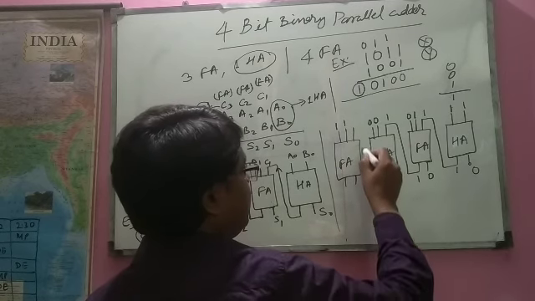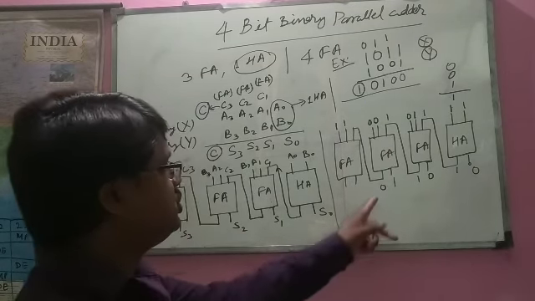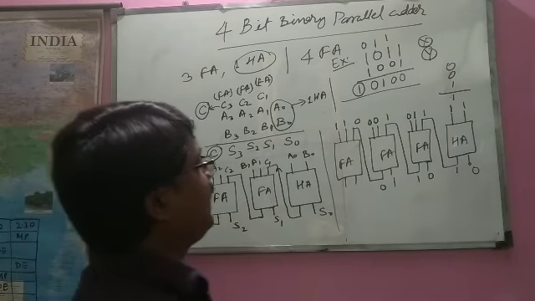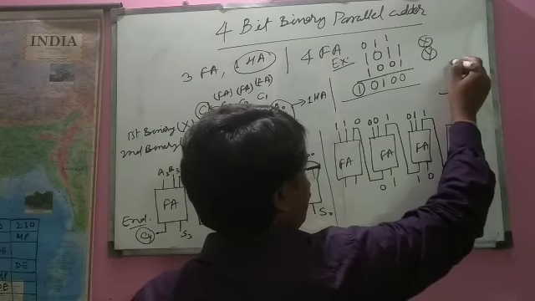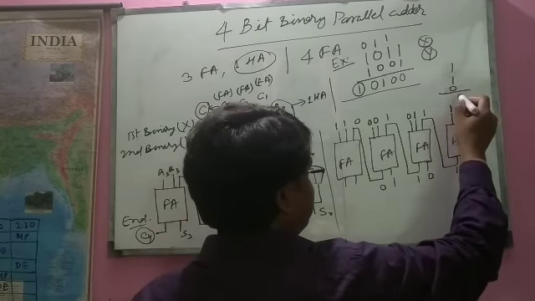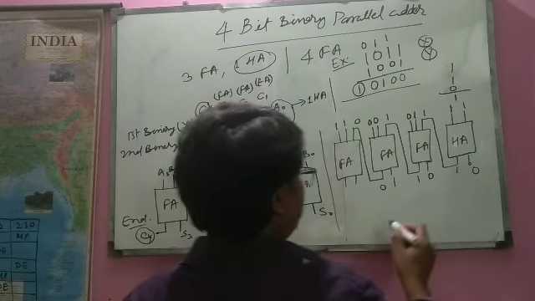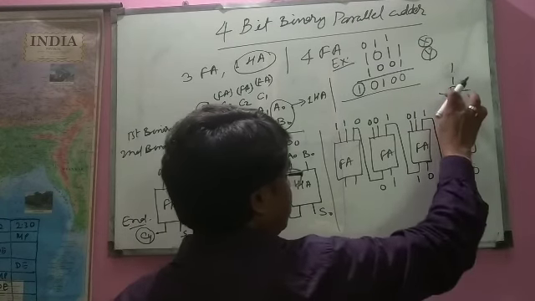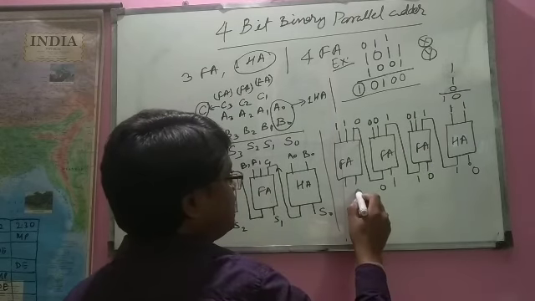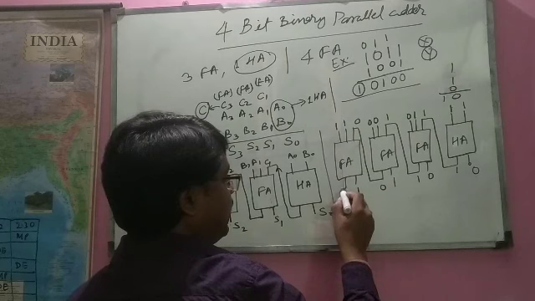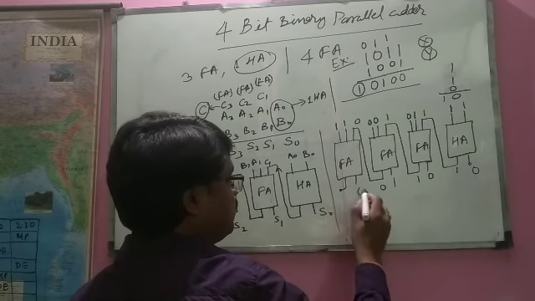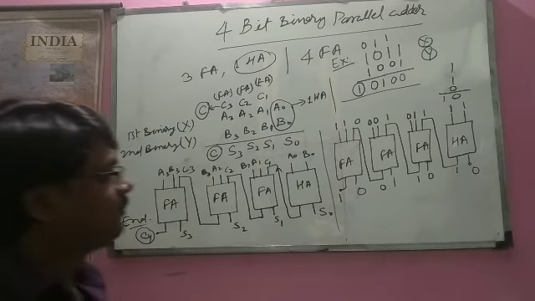Okay, again here it is 0, so here it will also be 0 and it will add 1, 1, 0, and it will give sum equal to 0 and carry equal to 1. So sum is 1 and here the end carry, sorry, this is 0, this is 1.